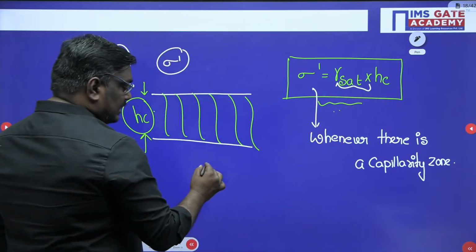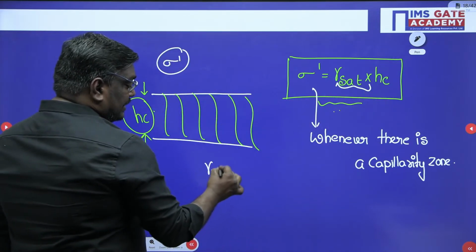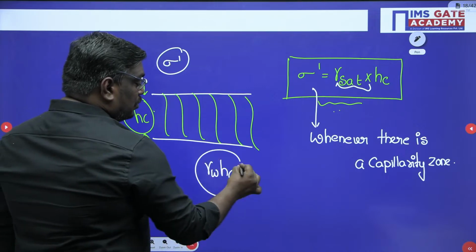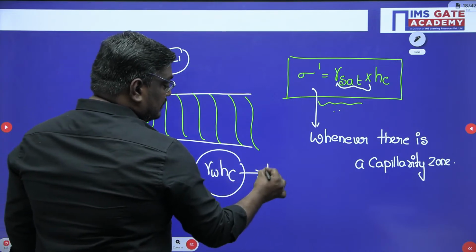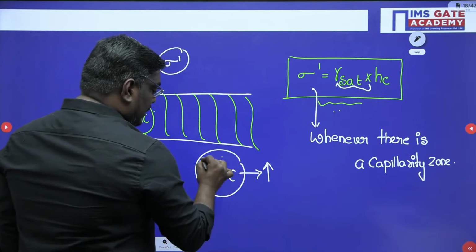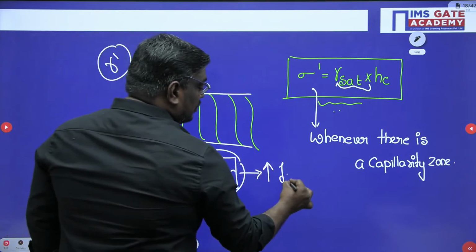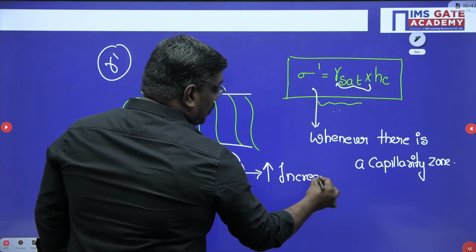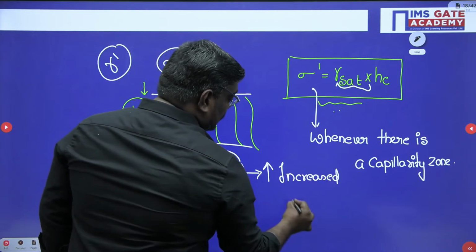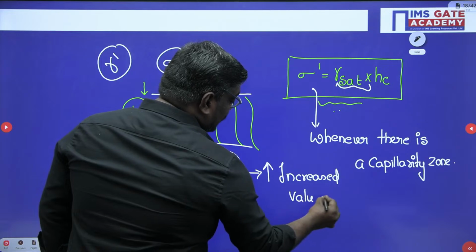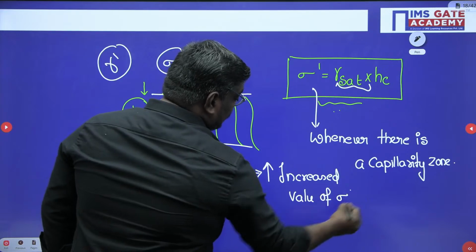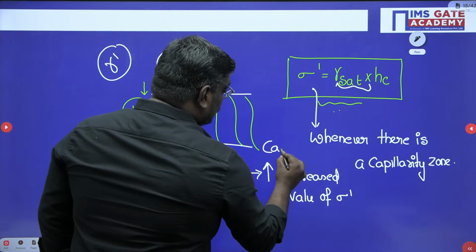That is the reason gamma W into HC will be the increased value of effective stress.